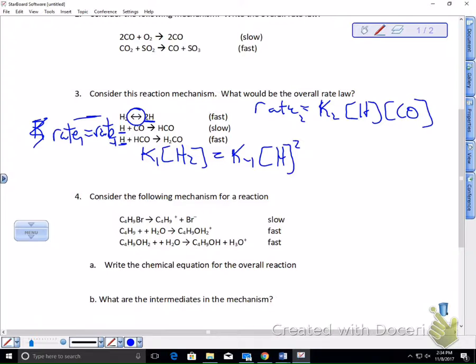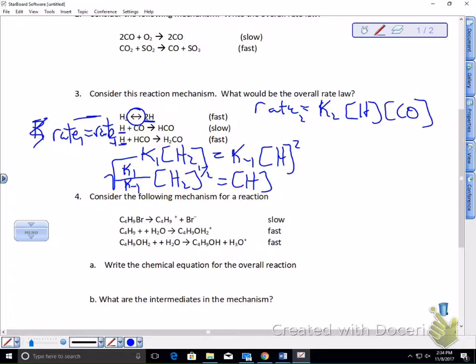And I want to solve that for H. And so I'll divide both sides by k-1, so I have k1 over k-1 times the concentration of H2. And to get rid of the squared sign, I'm going to have to take the square root of both sides. So that'll be the square root of the k's, and that means H2 will be to the 1/2 power. And that will equal the concentration of H.